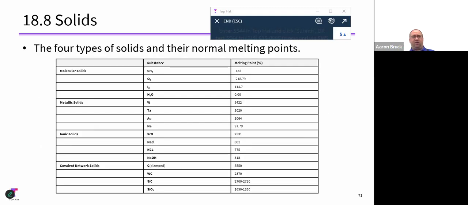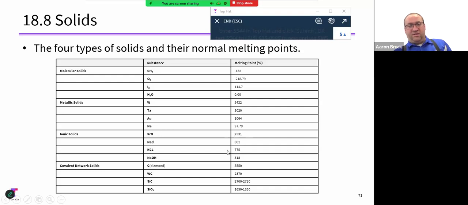This extremely hard to read table, even on my screen, does give us an idea about melting point trends. And it is in large part very similar to what I was explaining before. The molecular solids have really low melting points. The metallic solids and the covalent network solids tend to have a lot higher melting points.